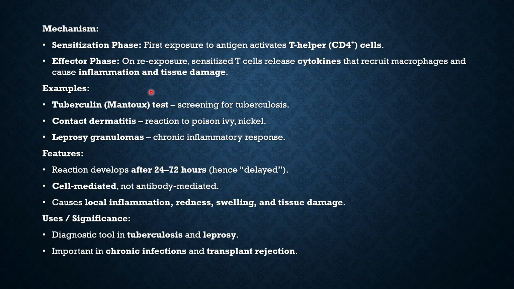Whereas in the effector phase, when the same antigen is re-exposed, these sensitized or activated T helper cells release cytokines, which recruit the macrophages and cause inflammation and tissue damage. An example of this is the tuberculin test or Mantoux test, which is done for TB.